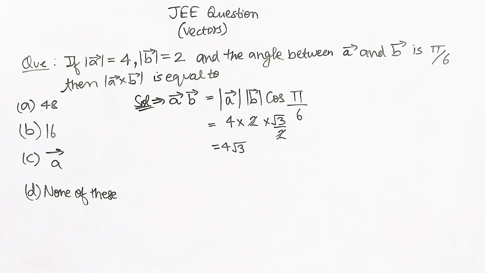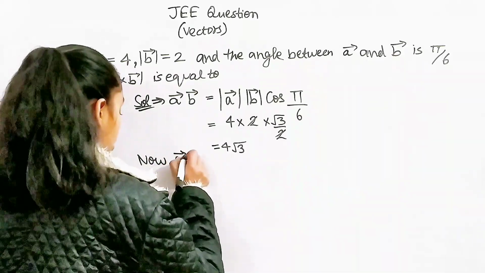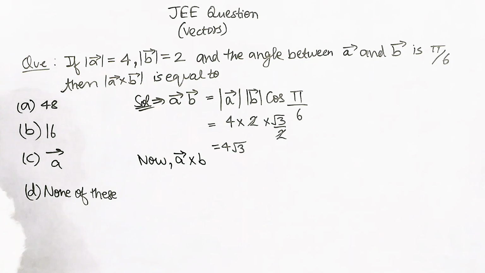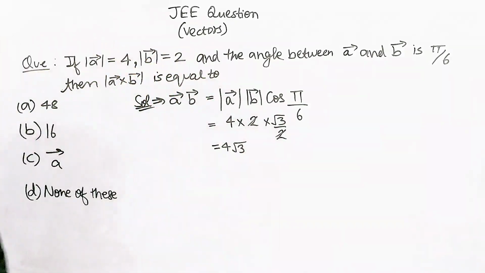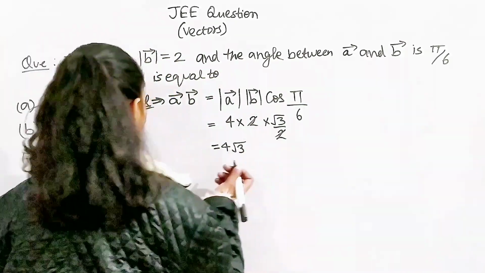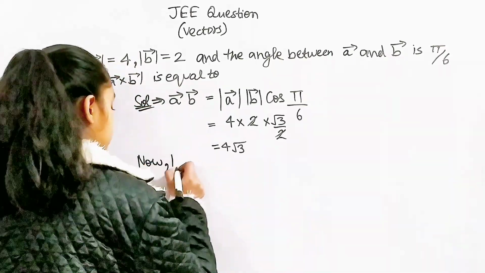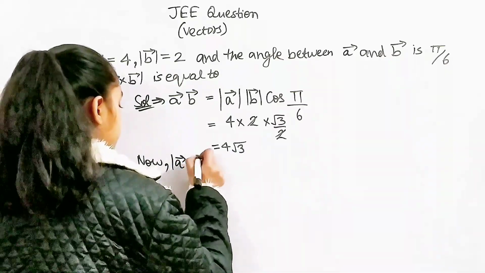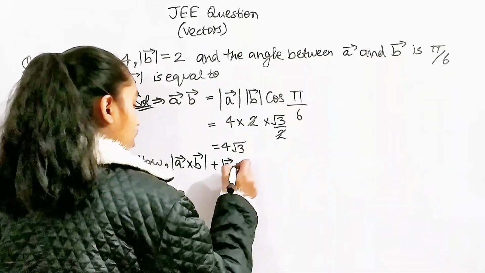Now I'm going to write A cross B. Oh, wait a second, let me write it again. There is something extra right at this part. The different thing here is that we now have mod A cross B plus mod A cross.